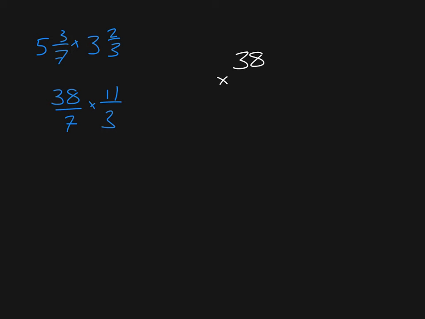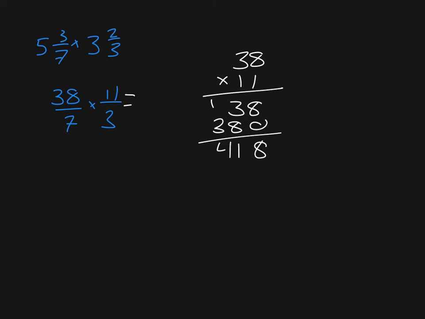So go off to the side, multiply 38 times 11. We get 38 and 380, 418. So 38 times 11 is 418 over 21. Now we'll need to write that as a mixed number.